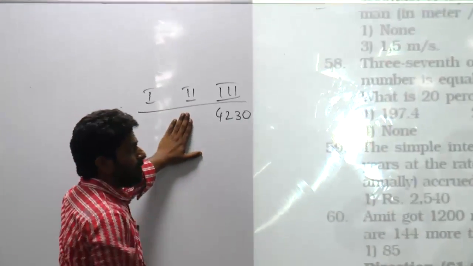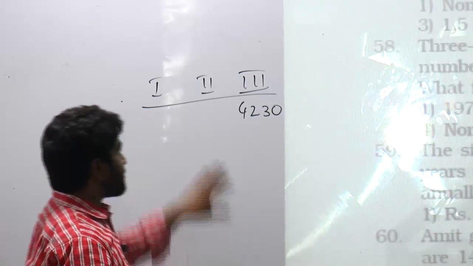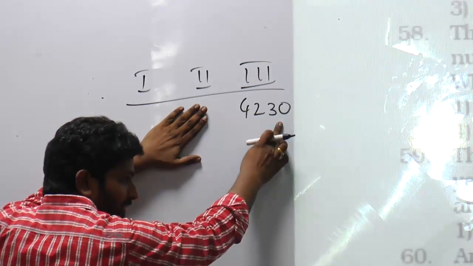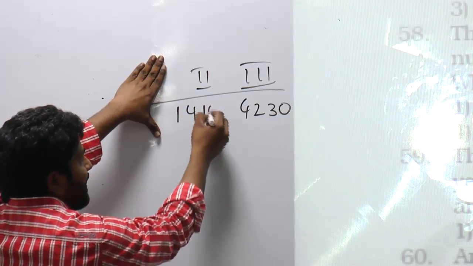What is the third number given? 4230. The second number is equal to 1/3 of the third number. Now let me calculate 1/3 of this: 1410.